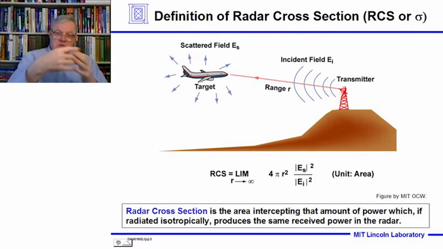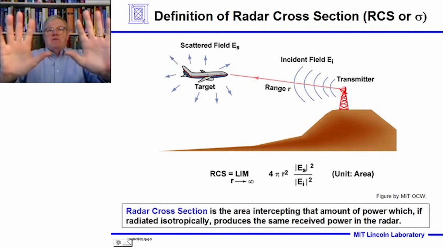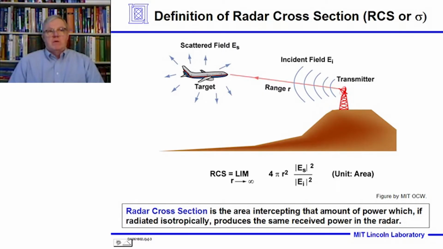The energy that hits that area is scattered back to the radar. So you'd like to have an area dimension such that when that plane wave from the radar hits the target, it's that power density times an area, and that's the power that goes back to the radar.